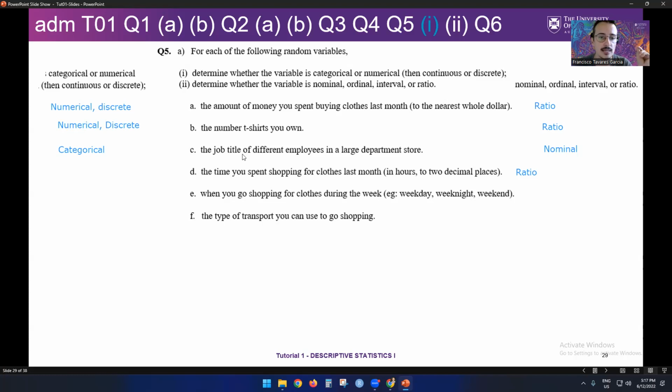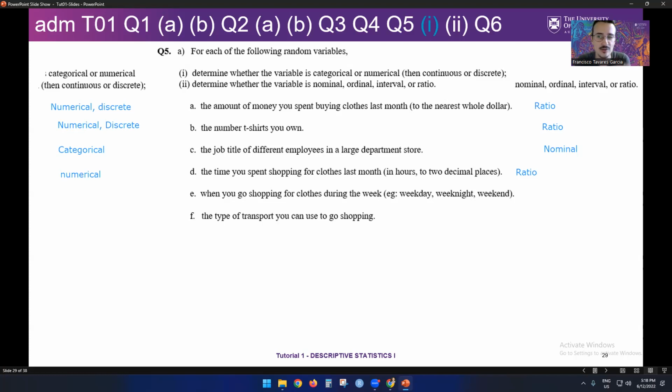Third one, the job title of different employees in a large department store. Yes, it is categorical, especially because you're saying title. It's probably a name. So manager, director, I don't know if it needs director for a department store, probably yes if the department store is a large one, officer, assistant, and all the other people there.